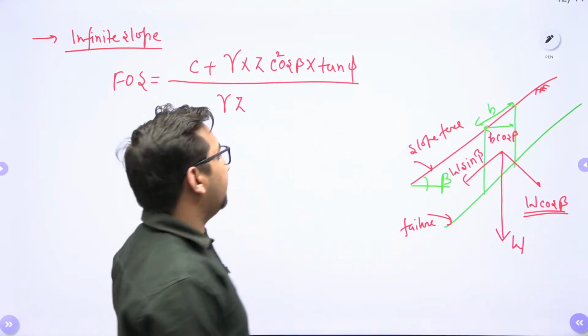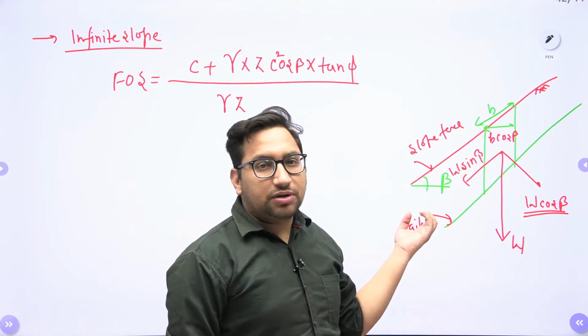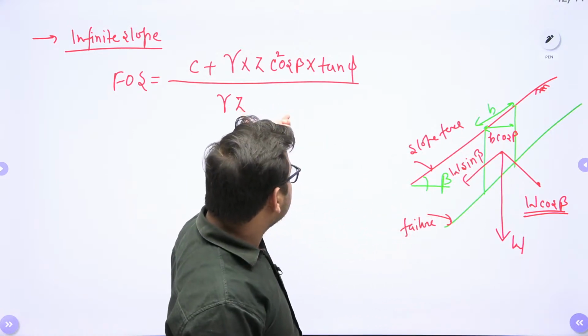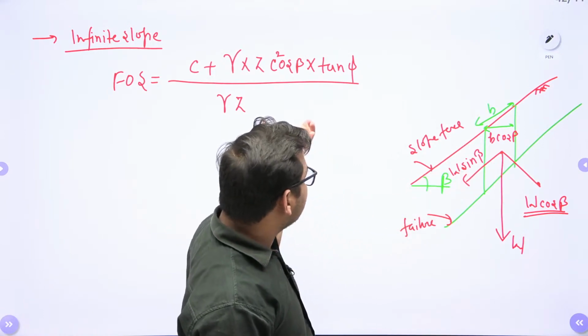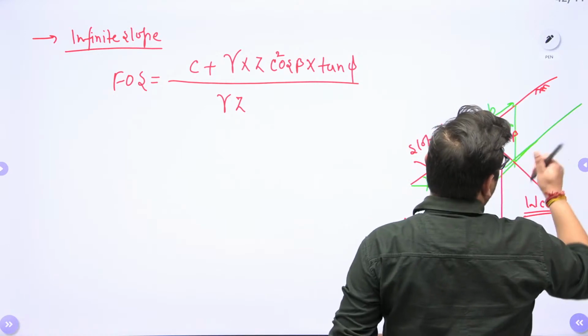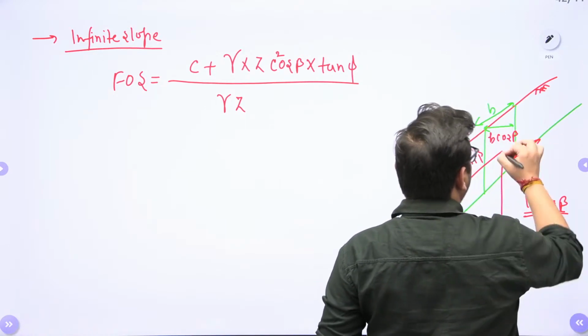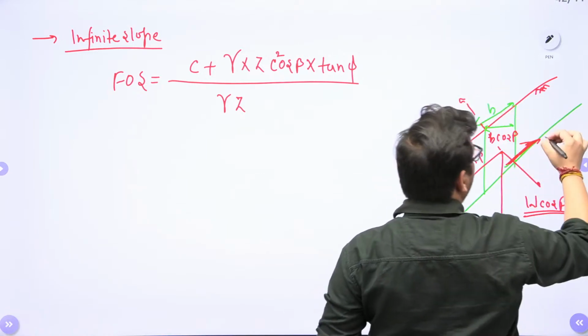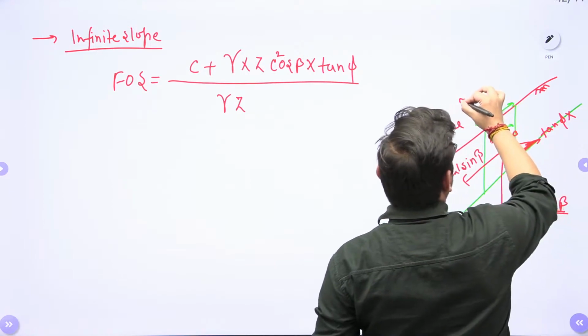Clear? So from there we have written that this particular W sin beta will be responsible for the shear stress value, right, or destabilizing force value, whereas the friction at this point will be your stabilizing force, and this friction will be nothing but equal to tan phi into this normal.